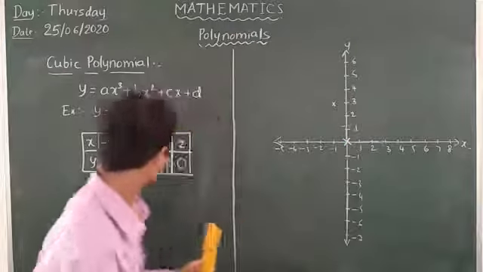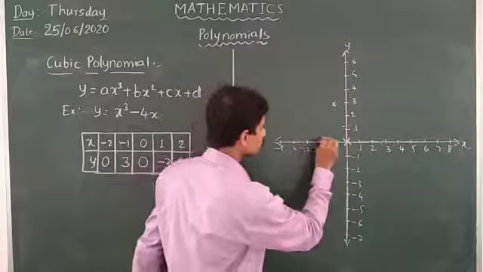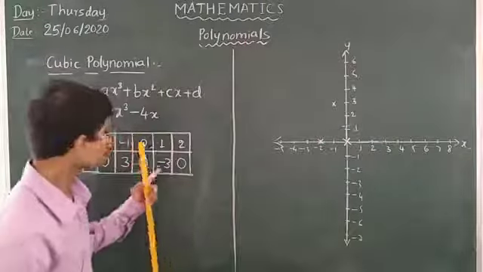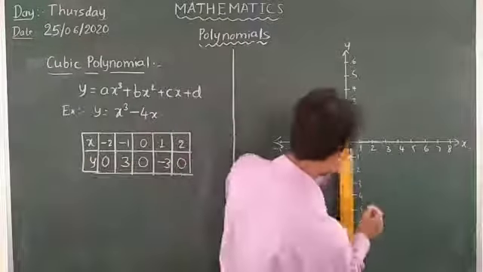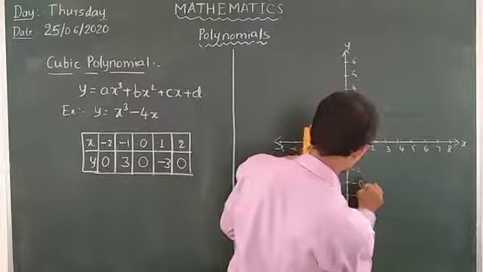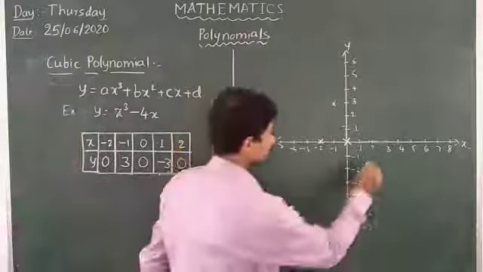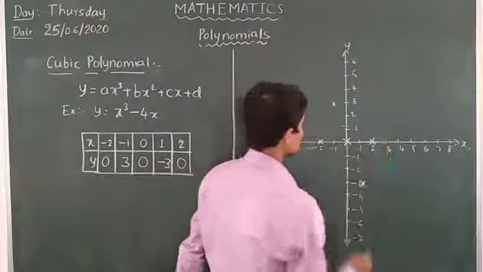So it's a point. Then minus 2, 0. Minus 2, 0 is here. Then 1, minus 3. So 1, minus 3 is here. Then 2, 0. 2, 0 is here.